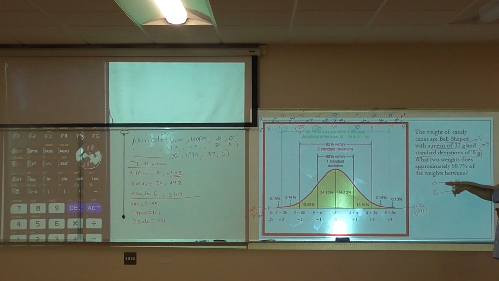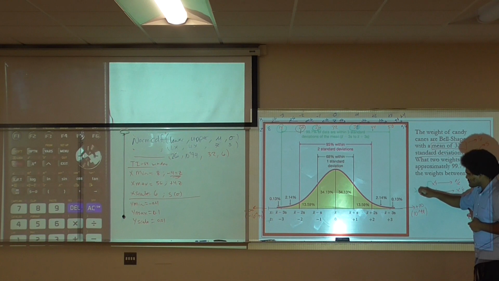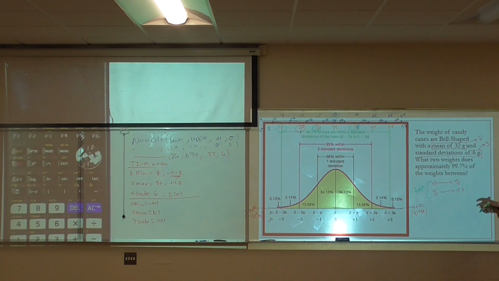When we talked about tech, we saw that if I had measures and wanted to use technology to get percentages, I had to go to distribution and then to normal CDF.